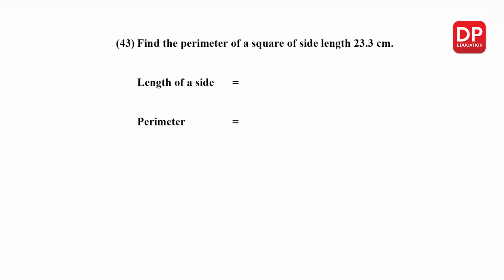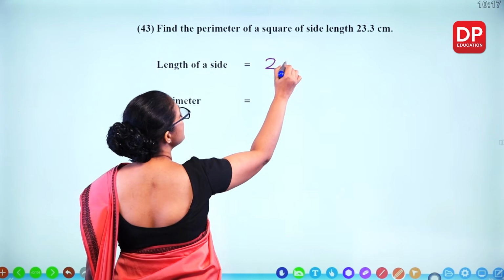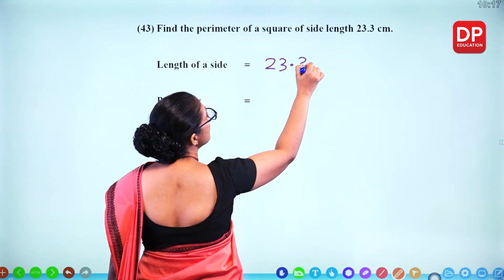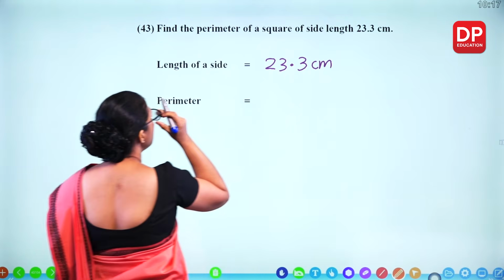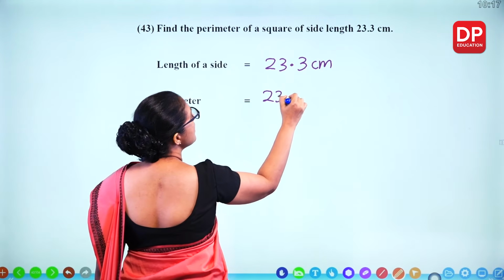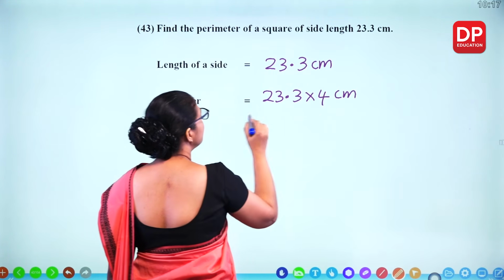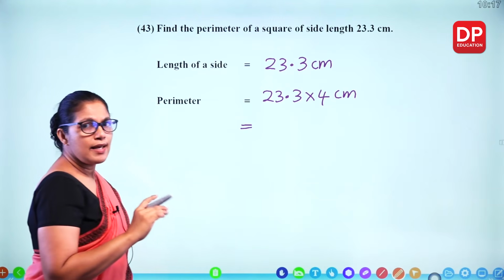Find the perimeter of a square of side length 23.3. So the length of one side is 23.3. So multiply by 4. 23.3 multiplied by 4, you get the perimeter. So how do you multiply?